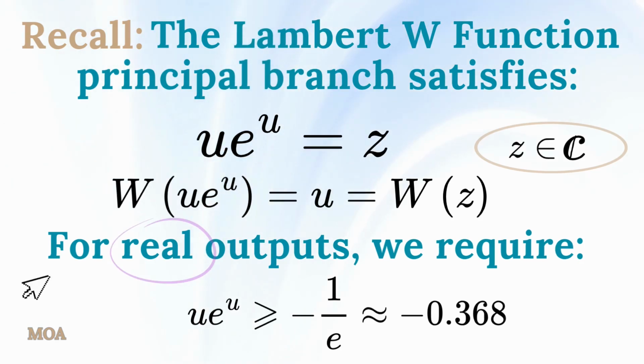Furthermore, to yield real-valued outputs on the principal branch, the product u times e raised to u must be greater than or equal to negative 1 over e, which is approximately negative 0.368.